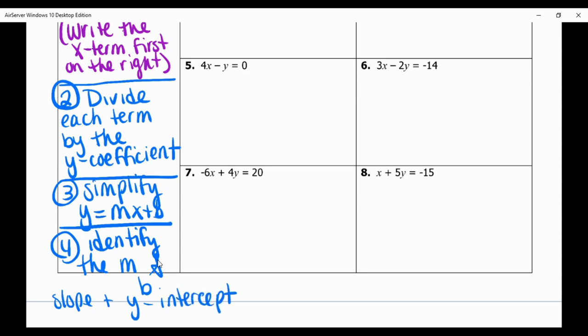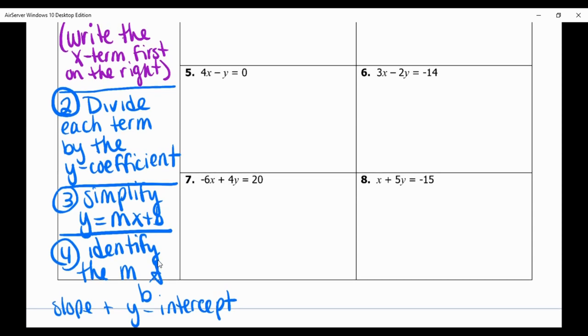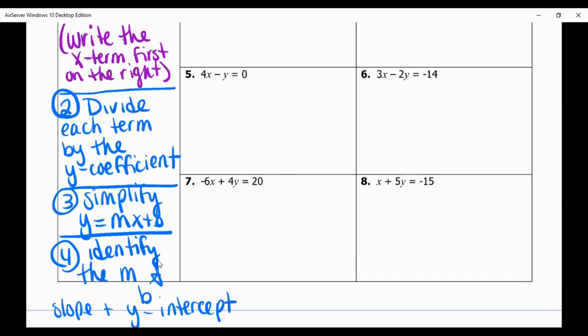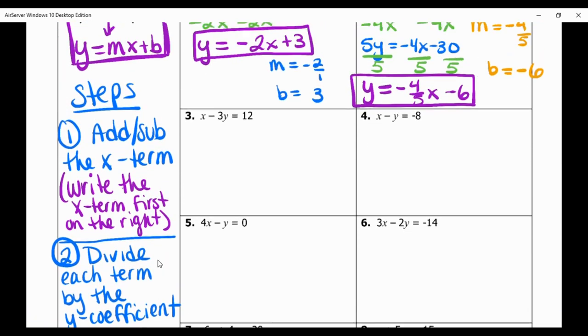This will help us when we get to graphing these equations. So let's go over some additional examples.